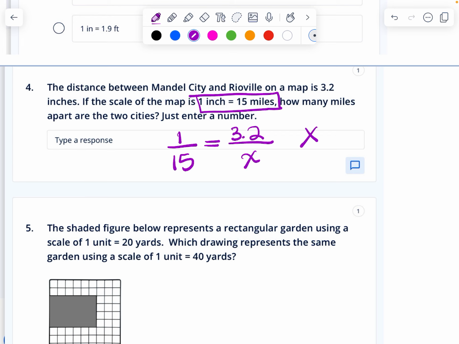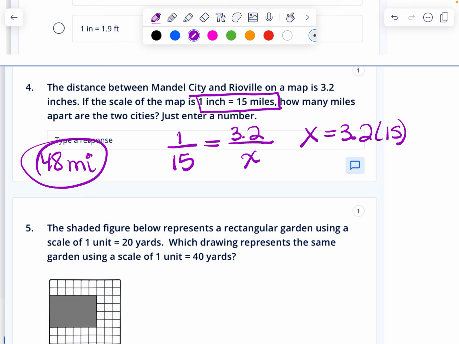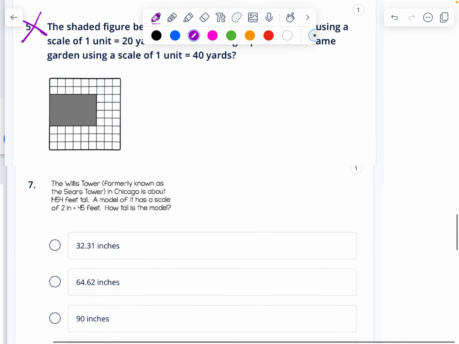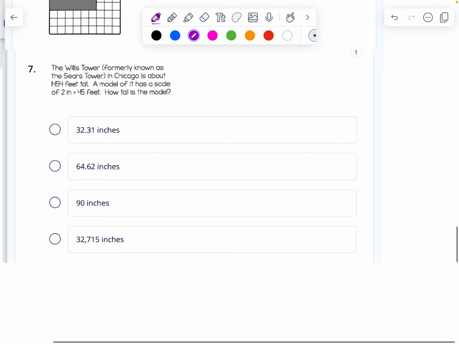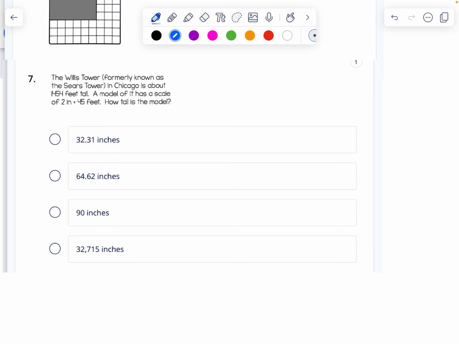Okay, this was just an actual screenshot from a review problem we did in class. The Willis Tower in Chicago is 1,454 feet tall, and a model of it has this scale. So we're going to do the scale as our first ratio. And then this measurement is the actual Willis Tower. We know the actual goes in the denominator and the model goes on top. So there's my ratio. Do cross products. 45 times x equals 1,454 times 2.